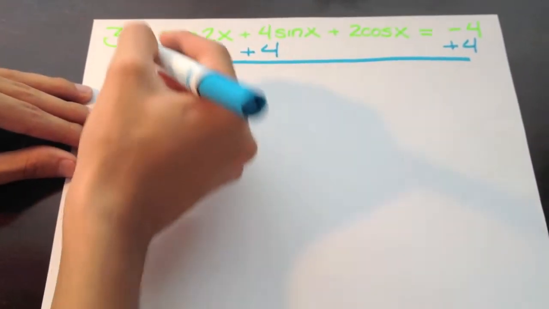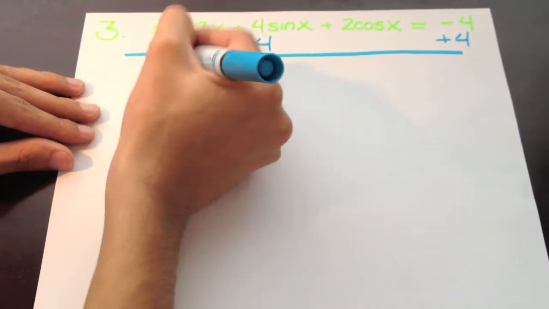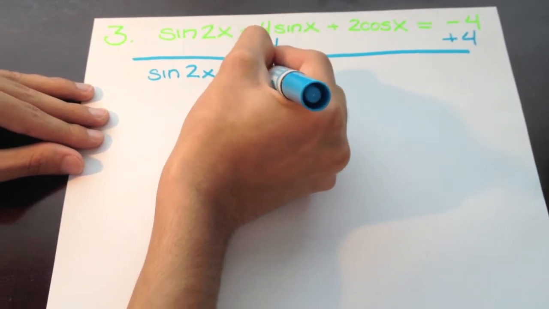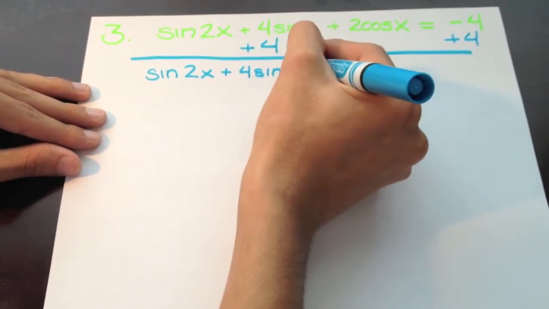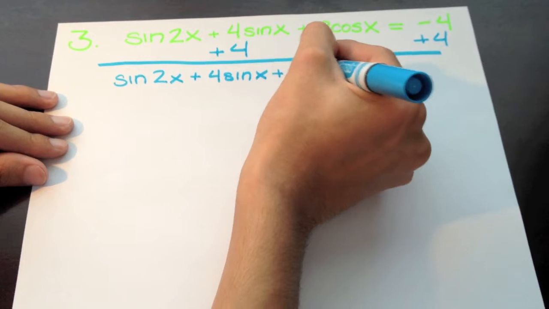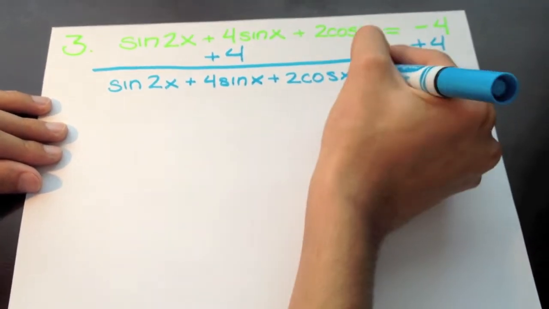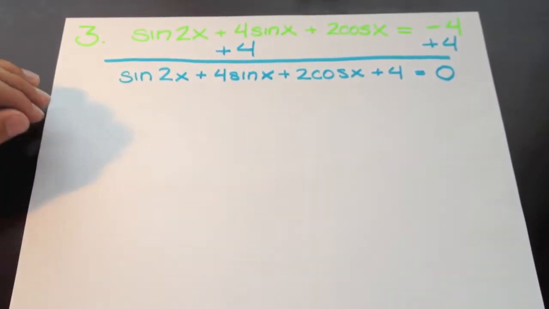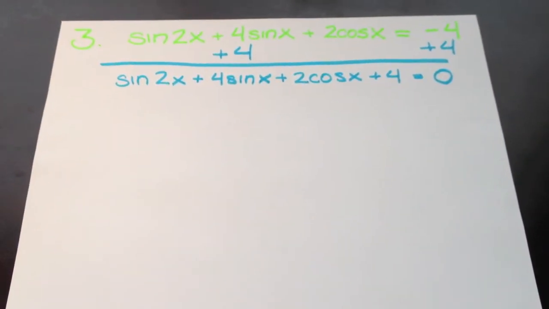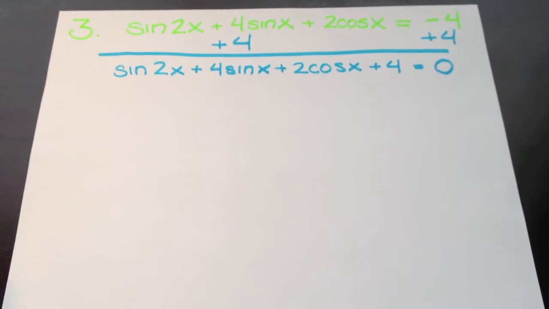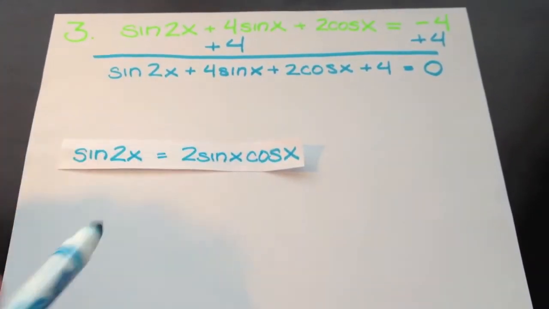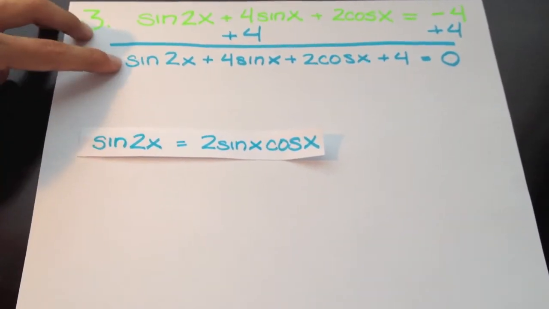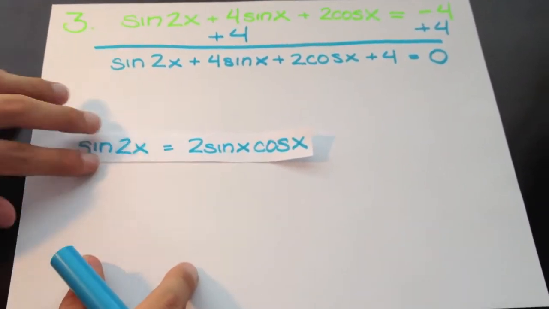That's going to give us sine 2x plus 4 sine x plus 2 cos of x plus 4 equal to 0. Now I'm going to plug in 2 sine of x times cos of x in for sine 2x.